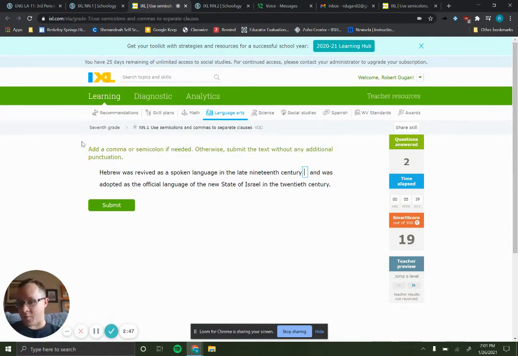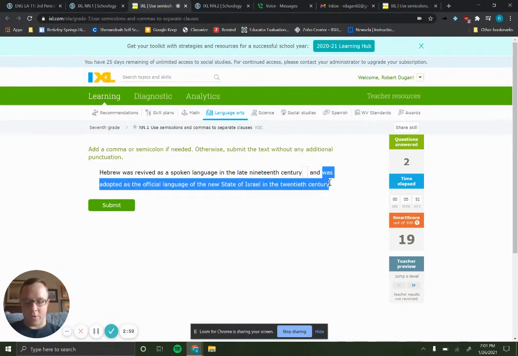I just read the directions up here, and it said, otherwise, submit the text without any additional punctuation. So there's actually three options. You can leave it blank, and this is one of the ones where we leave it blank, because this part that's highlighted is not a complete sentence. So we don't need a comma there, because we're not trying to join together two independent clauses, two complete sentences.